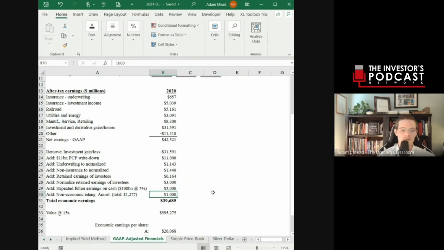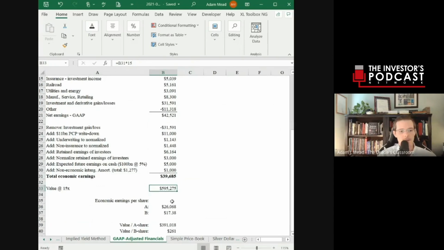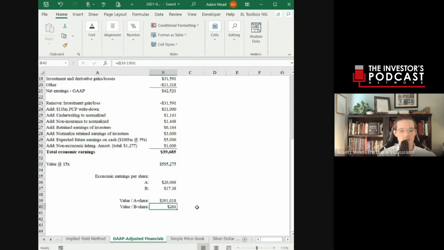So I'm going to round numbers, add back $1 billion from the expense, and of the 1.277 billion of total intangibles, I'm saying only maybe 300 million represent real diminution of an asset on Berkshire's books. So when you add all of that up, you get roughly 40 billion. Again, I'm using the same 15 times multiple, and you're getting a slightly lower value here.